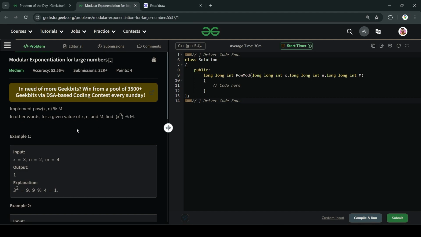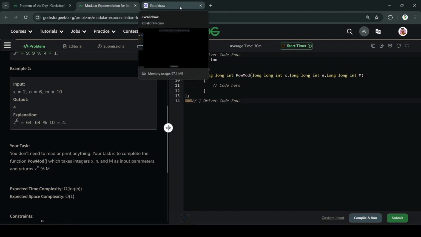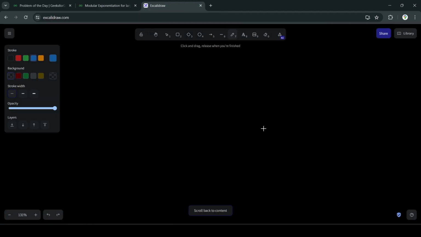So basically, the question is reduced to x to the power n. Mod is not a big deal here. So how can we calculate that many numbers? And obviously the time complexity they are asking for is log n.